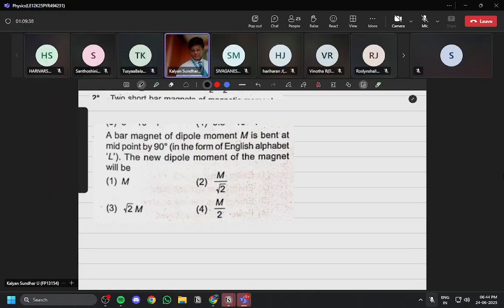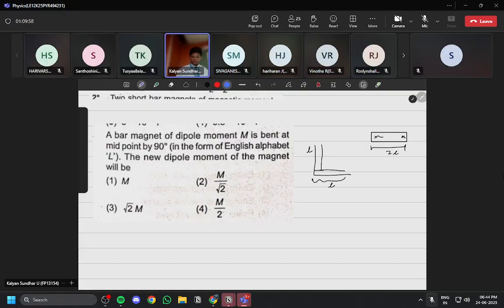Initially the length is, let it be 2L, and this is M, this is M, right? Now when it bends, what happens? It looks like this, correct? So this will become L and this is also L. They are asking us to find the new dipole moment of the magnet.